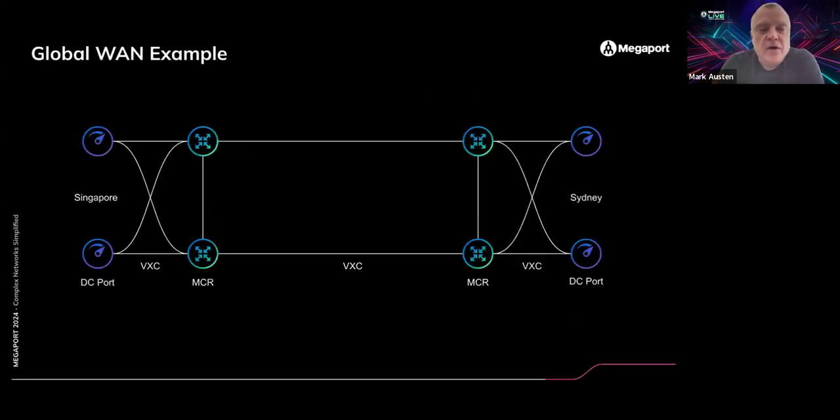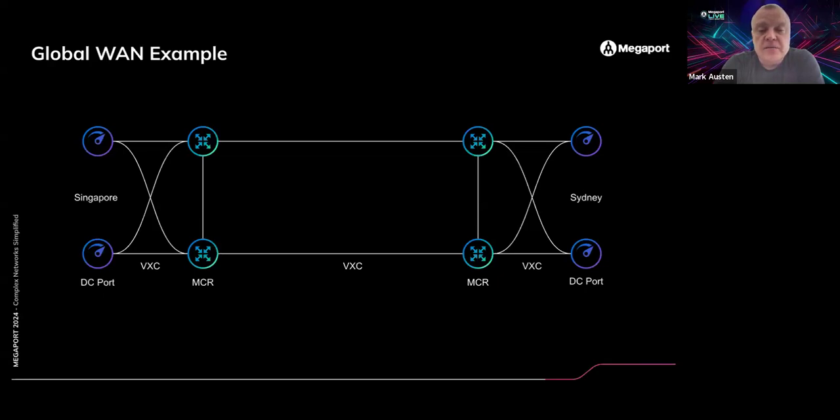So I've got a global WAN example here, and what this example consists of, if you're looking at the left-hand side first, I've got two Megaport Cloud Routers deployed in Singapore and two data center ports also deployed in Singapore. Each of the data center ports connects to both of the MCRs locally in Singapore, and the MCRs in Singapore are connected together using a VXC.